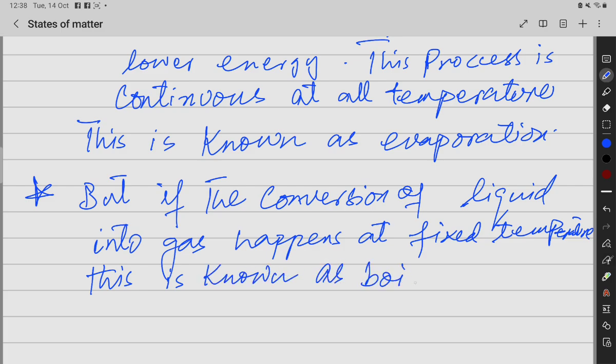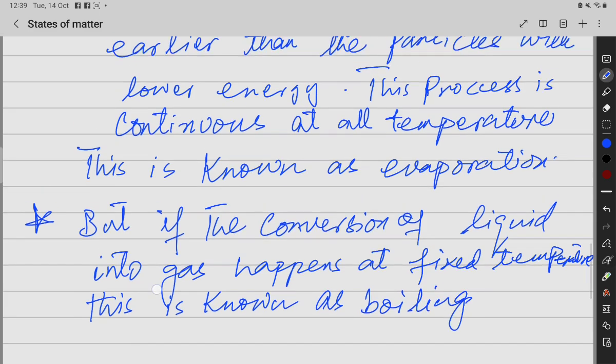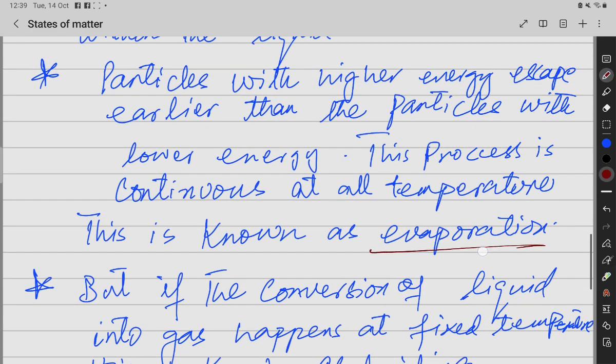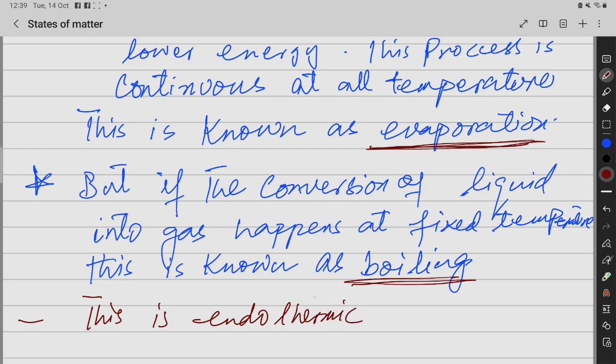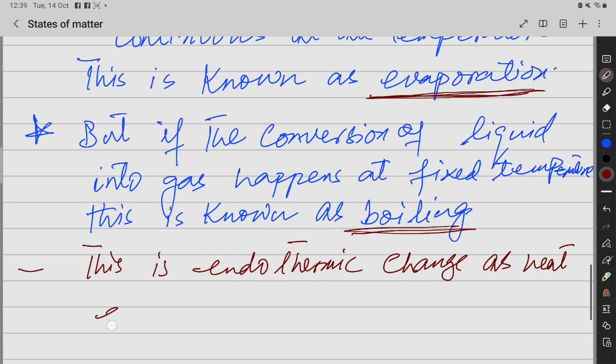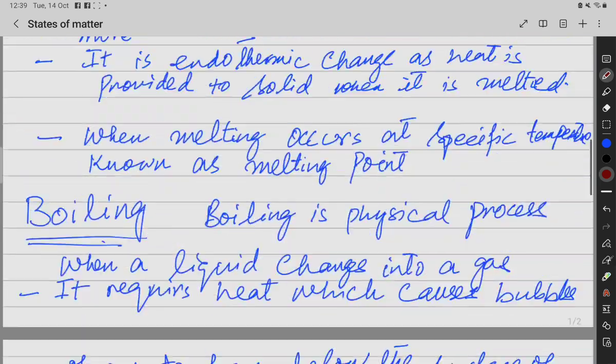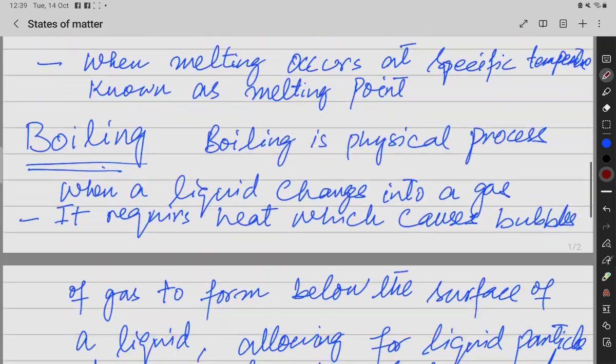Is it clear? So evaporation takes place at all temperatures while boiling takes place at a fixed temperature. This is an endothermic change as heat energy is provided. This is known as melting and boiling.